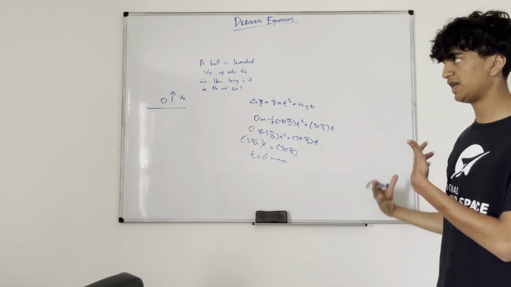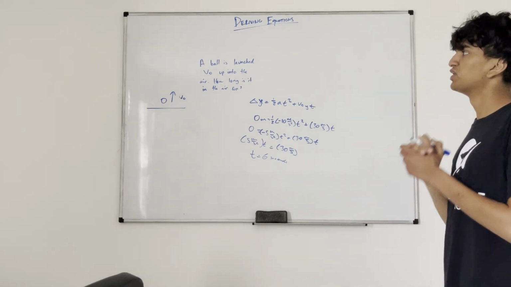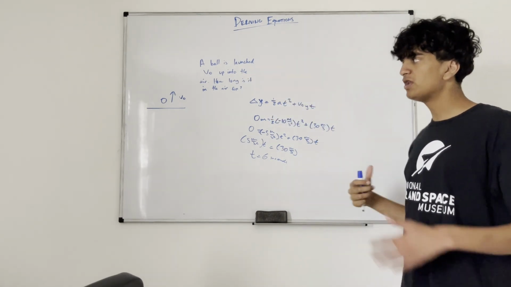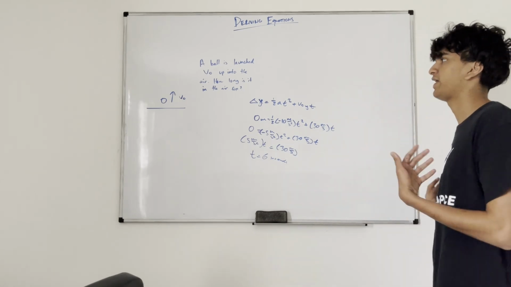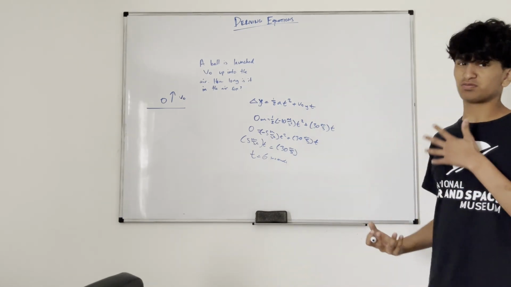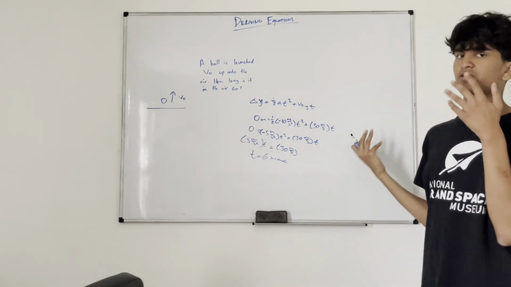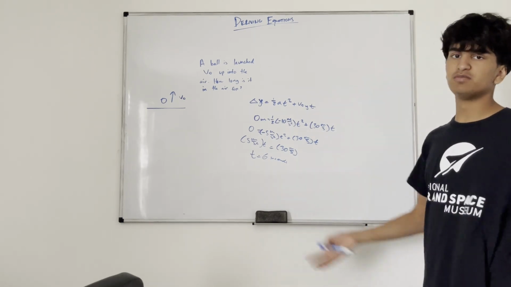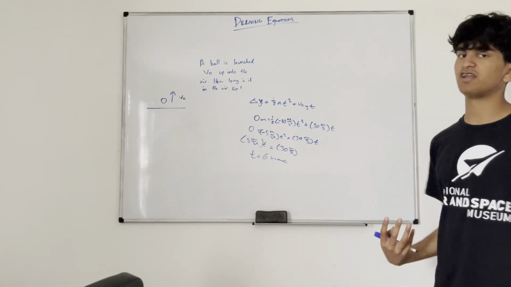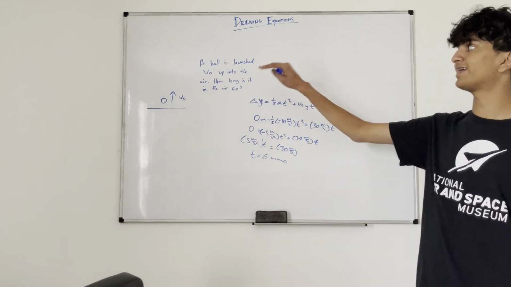How long is it in the air for? We don't know its upward speed. So you can imagine it's kind of impossible to get a number, right? I don't know how fast it's moving up. It could be 1,000,000 meters per second up into the air, which is different than if it were just 10 meters per second. You're not going to get a number.